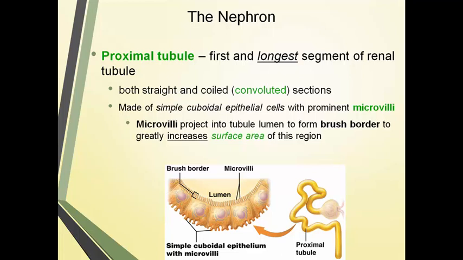So brush border microvilli and the simple cuboidal epithelium that is there. Remember, microvilli increase the surface area and the brush border greatly increases that so that filtration can happen at a pretty fast rate.